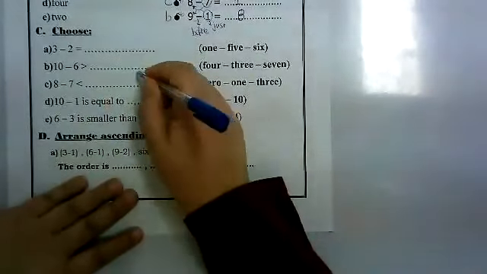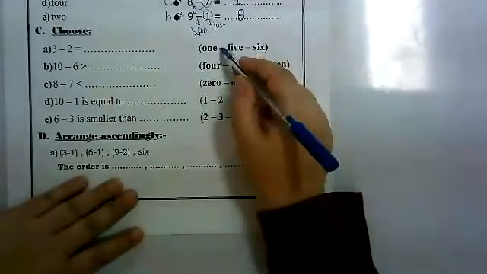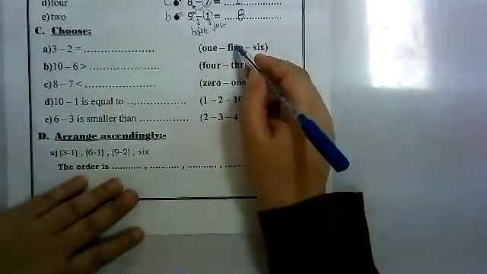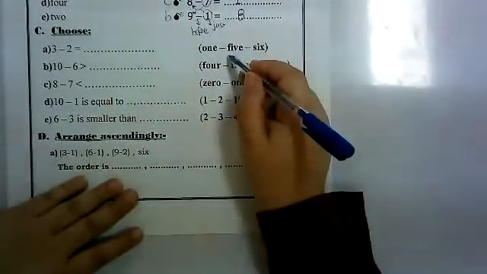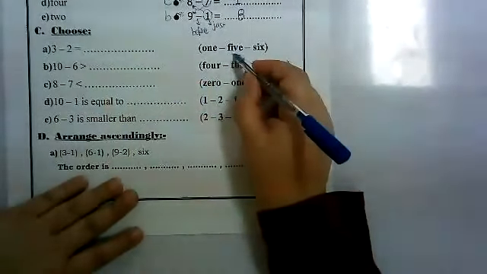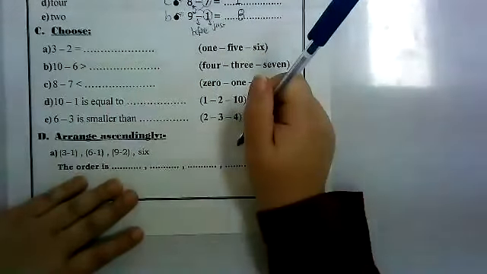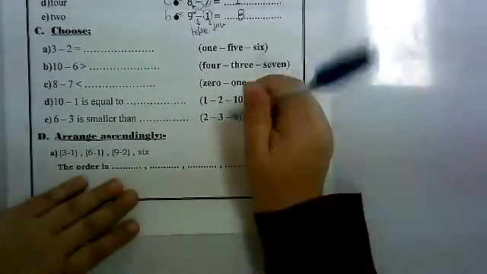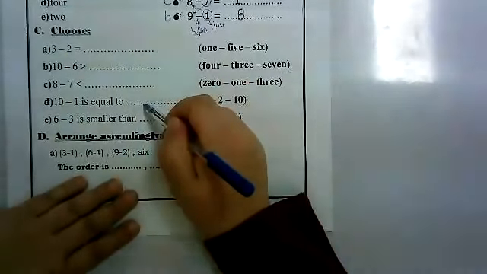Don't write the answer on the dots. Just circle the answer or underline it. Draw a line under the correct answer, or draw a circle around the correct answer. Okay? Don't write on the dots, please.